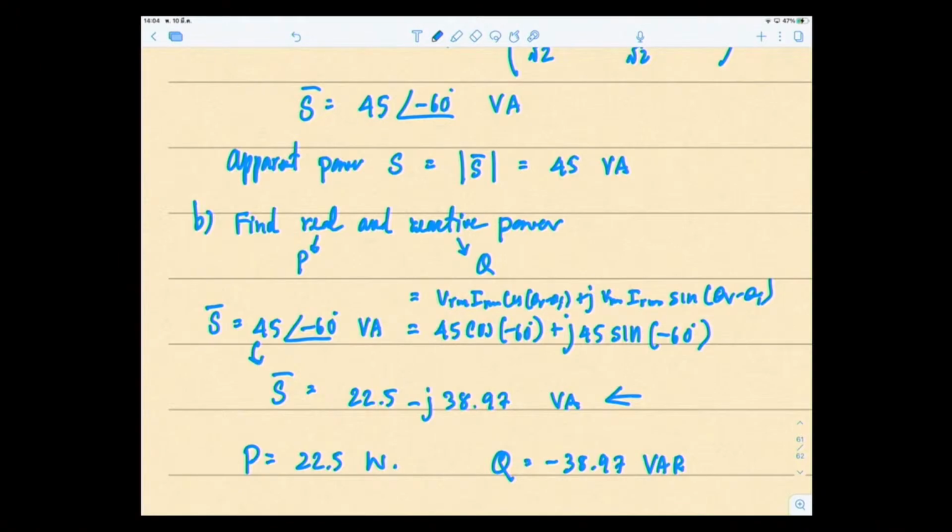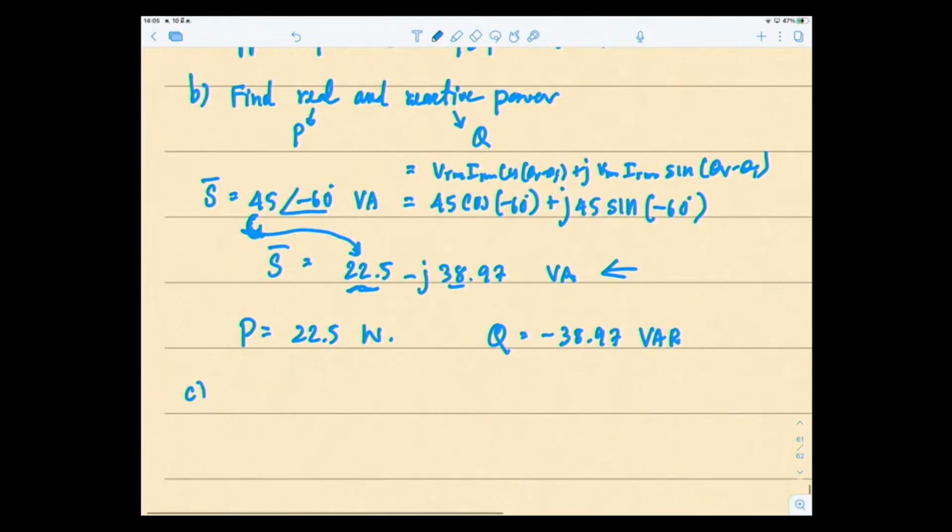You can use a calculator to convert right away, and you know that the real part is the average power, and the imaginary part is the reactive power. Next question, C: find the power factor and load impedance.